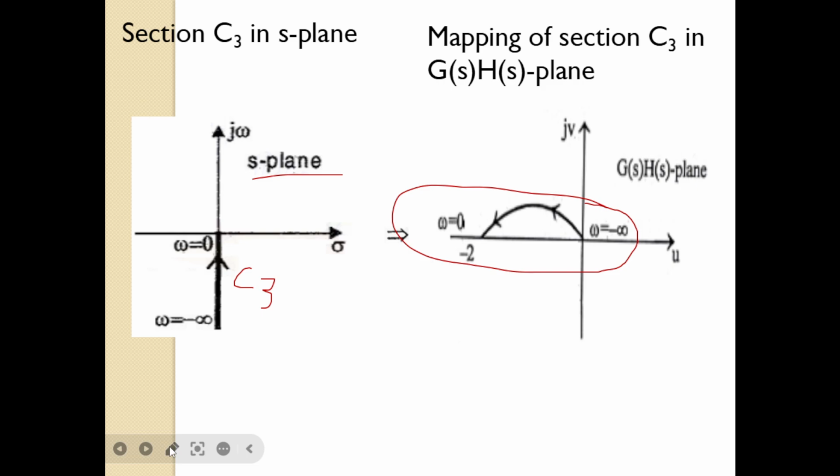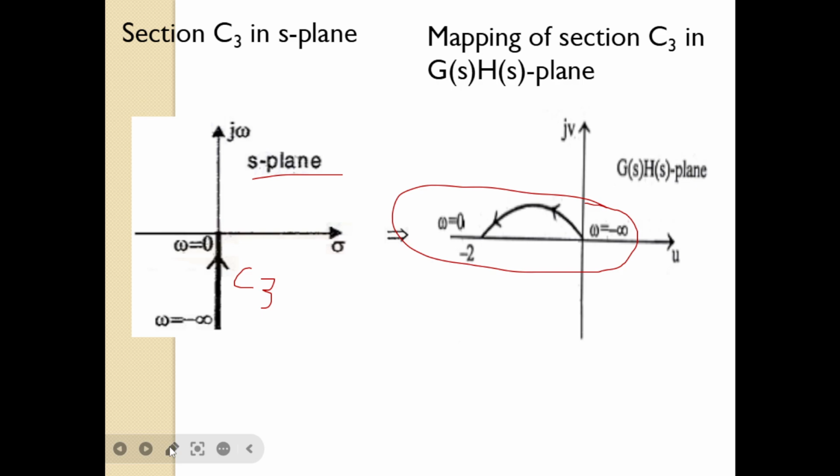This is it. Now we had 3 sections, isn't it? We had 3 sections in the Nyquist contour: C1 section, C2 section, and C3 section.